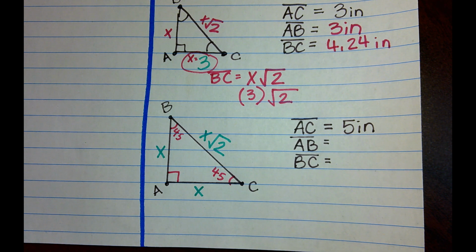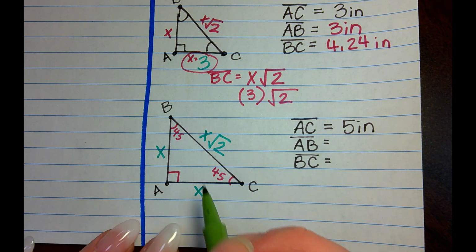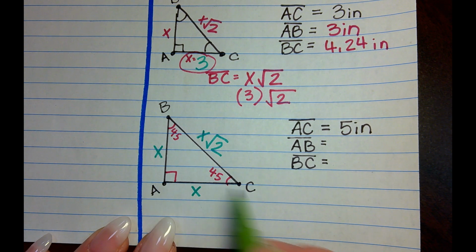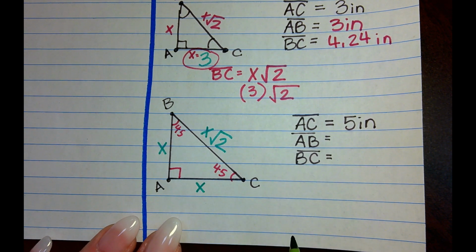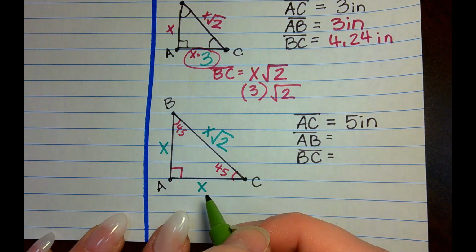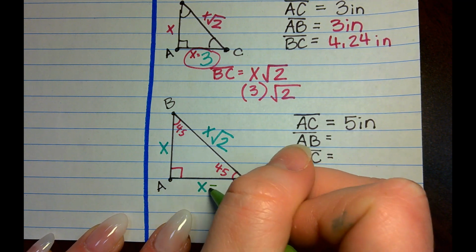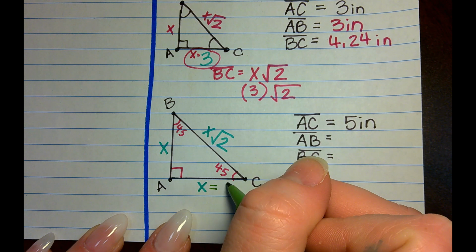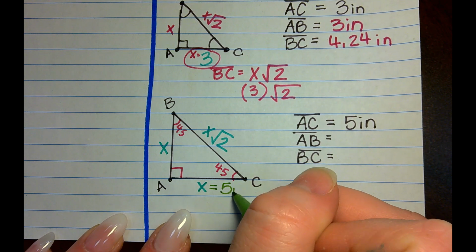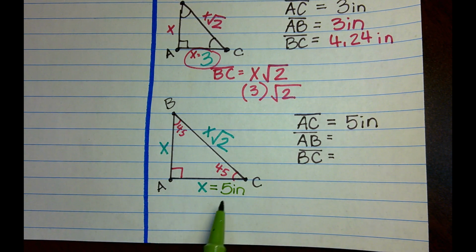AC. AC is 5 inches. So we're going to label that also. AC already has a label of x, so AC must be equal to x. AC is also equal to 5. So x equals 5 inches.